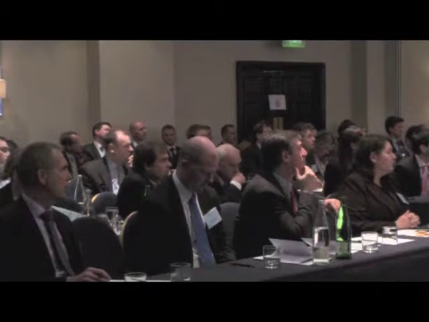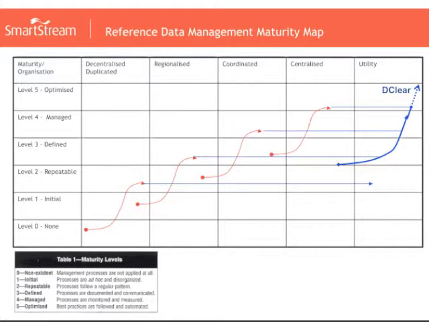And then in terms of how to get there, again we touched on this within the panel discussion. A lot of organisations are at various stages of a maturity model as to how they manage reference data. In terms of the bottom levels here, non-existent processes, ad hoc approach to the managing of data.